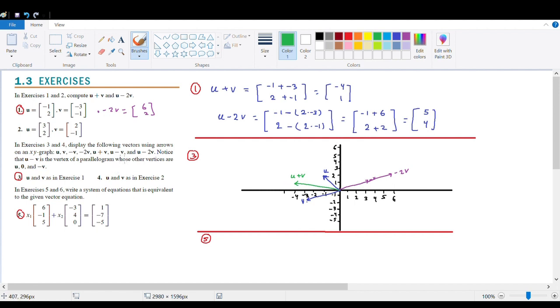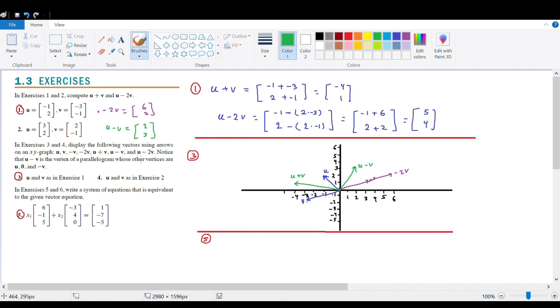For u minus v, here we have u, here we have v, so u minus v should be equal to minus 1 minus minus 3, which is minus 1 plus 3, which is 2. Then 2 minus minus 1, so it will be 2 plus 1, which is 3. So the vector is 2, 3. So this one is u minus v.